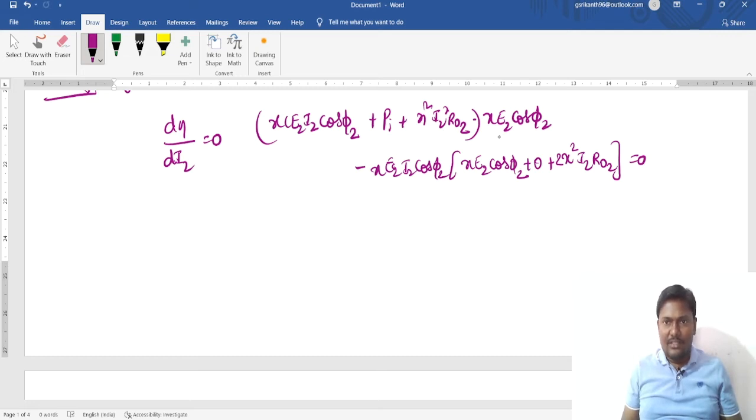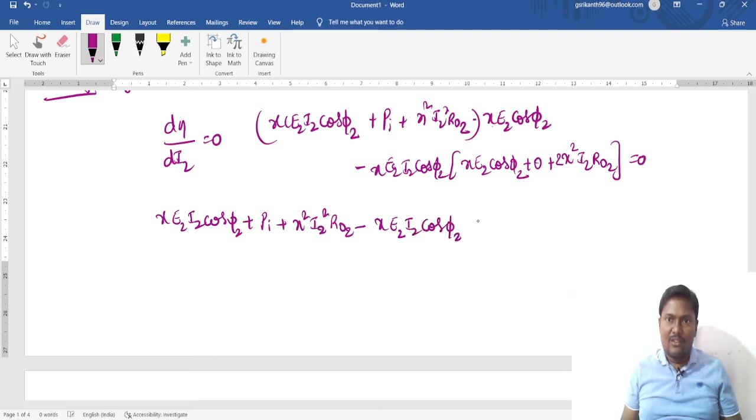From this, x E2 cos phi 2 you will take as common, and that is not equal to 0. Then x E2 I2 cos phi 2 plus iron losses plus x square I2 square R naught 2, minus, see here I2 is there in x E2 I2 cos phi 2, only I2 is pending here, and multiplied with I2 inside, x E2 I2 cos phi 2 plus 2x square I2 square R naught 2.